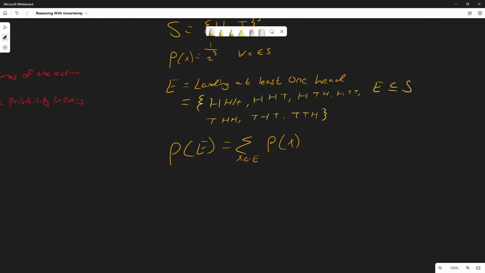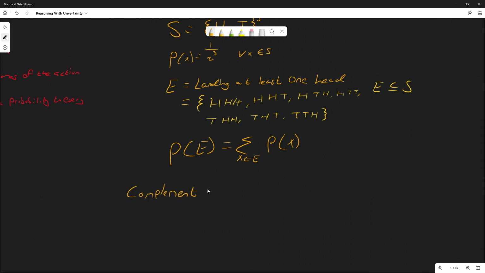Say you were trying to find this, but for 10 flips. In that case, there's going to be a lot of different scenarios you have to look at, 2 to the 10. And again, if they were non-uniform, summing all those probabilities, figuring out which ones they are, it's complicated. What you can use is the complement to shortcut this scenario.